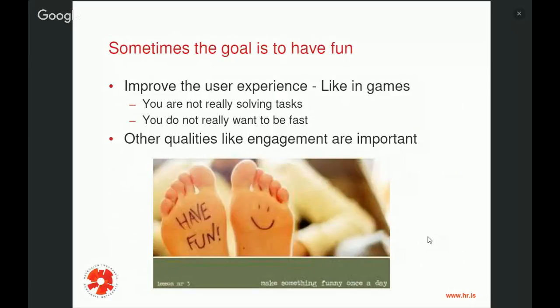So you're not really solving tasks, and you don't really want it to be fast. So there are other qualities that are important, and then user experience began to have a lot of attention, and this was maybe in 2007, 8, something like that. Before that, it was always usability.